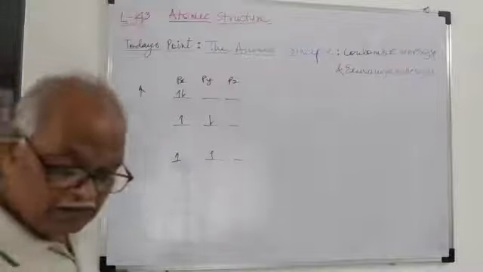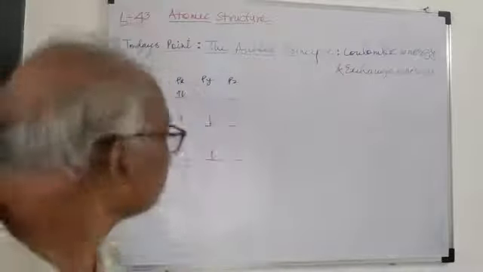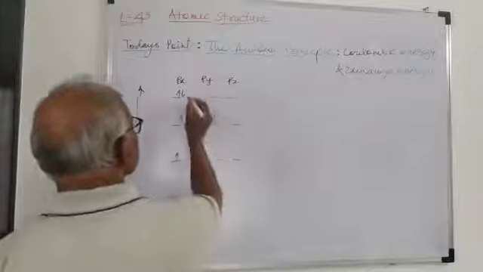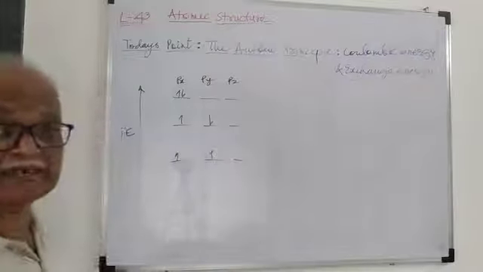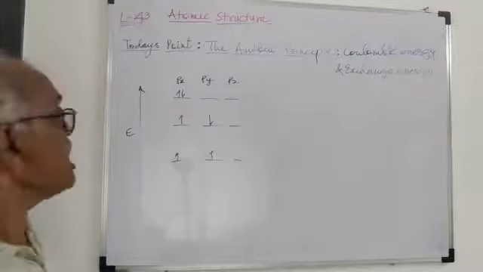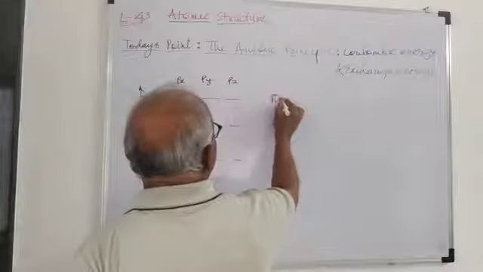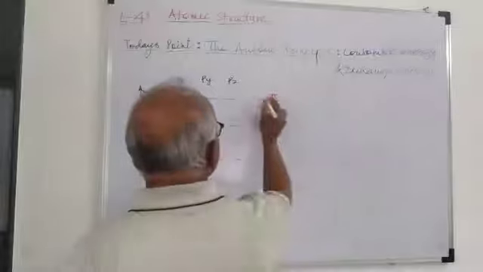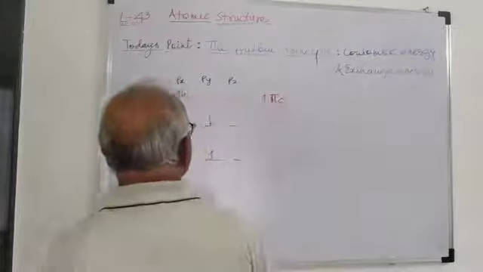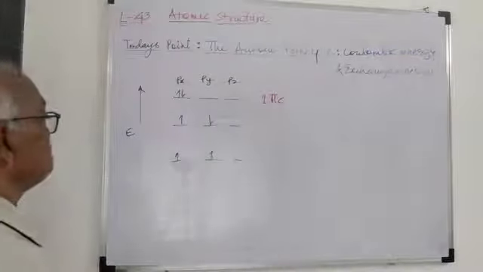Now we observe that the repulsive forces between the electrons are producing the Coulombic energy, and this is one Coulombic energy.